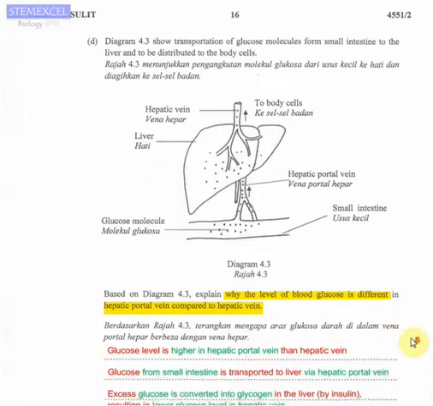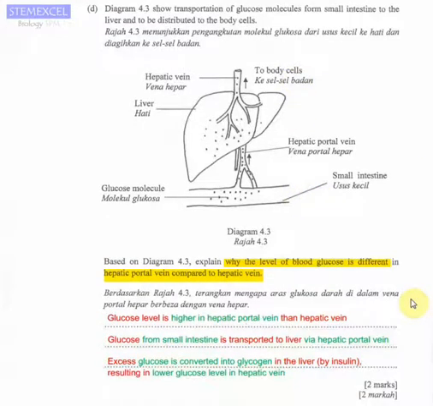Next, you are given another diagram. Here it shows the transportation of glucose molecules from the small intestine to the liver, and then it's distributed to the body cells. So it's moving in this direction from here, the small intestine, all the way to the body cells. You are required to explain why the blood glucose is different in the hepatic portal vein and in the hepatic vein. Number 1, you always have to state the condition.